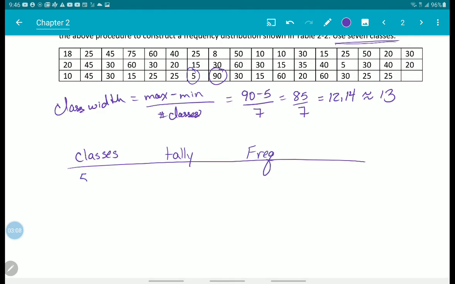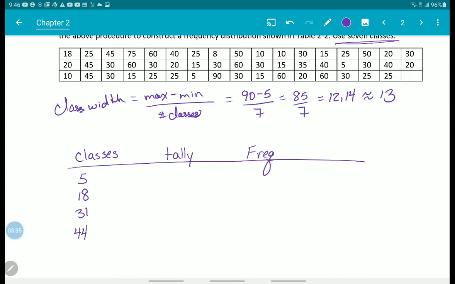My first class is going to start at 5. That is my smallest value. And I'm just going to add 13 to that. 5 plus 13 is 18. 18 plus 13 is 31. 31 plus 13 is 44.